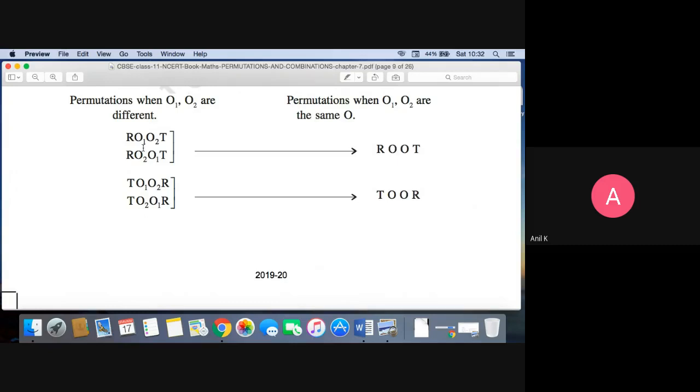First O1, O2, then second place O2, O1. Still my word is going to be root only. It doesn't matter whether O1 comes first or O2 comes first, still it will give me root.